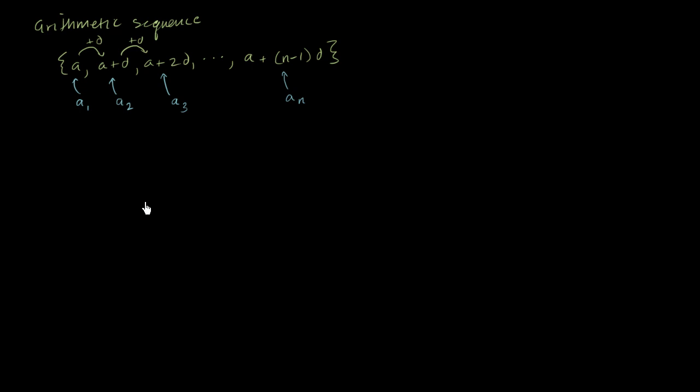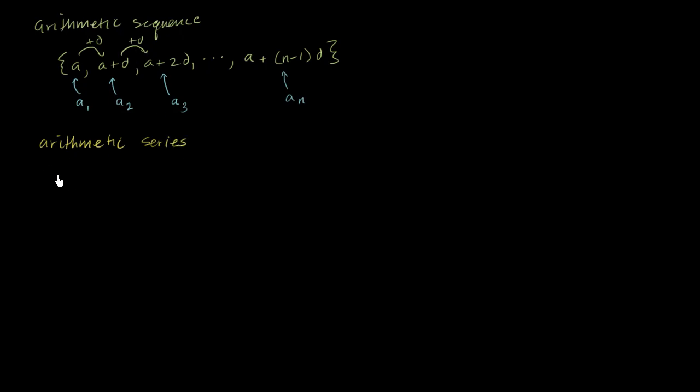Now what I want to do is think about what the sum of this arithmetic sequence would be. And the sum of an arithmetic sequence we call an arithmetic series. So let me write that in yellow. That's not yellow. So color changing is sometimes difficult. So arithmetic series is just the sum of an arithmetic sequence.